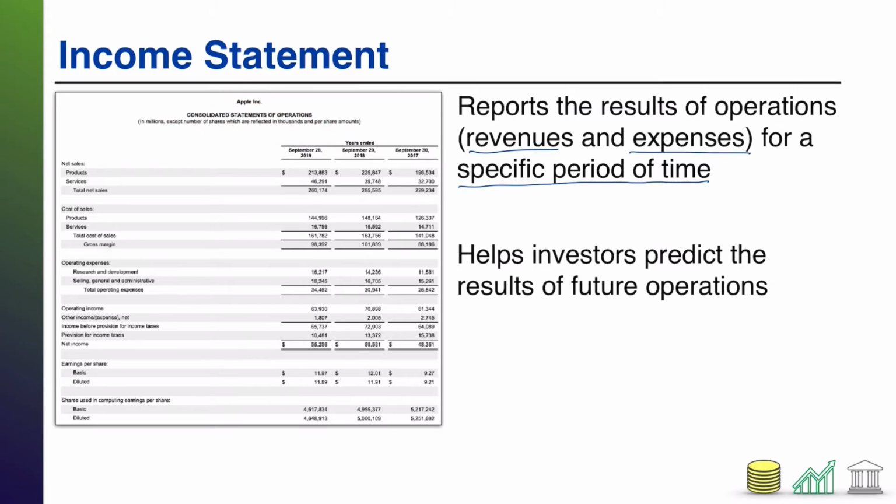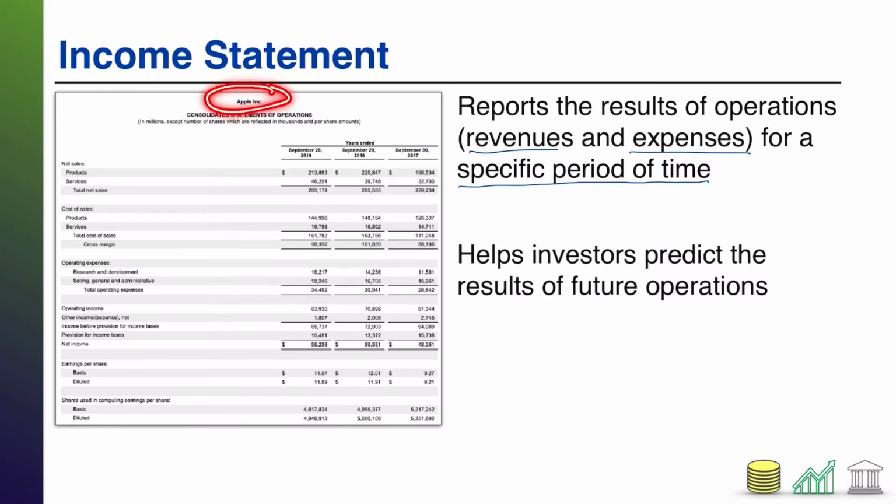You might see the phrase income statement at the top of these, you might see statement of operations, or you might see statement of earnings. Not every company is going to use the phrase income statement, but they're all the same thing, all referring to the same document.